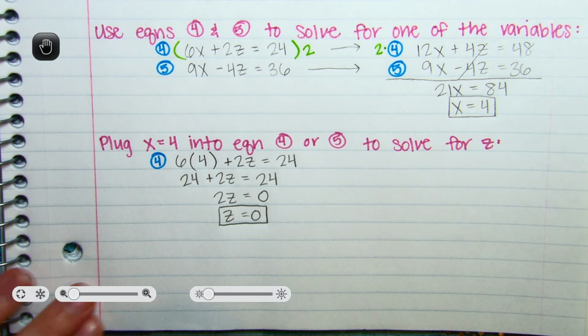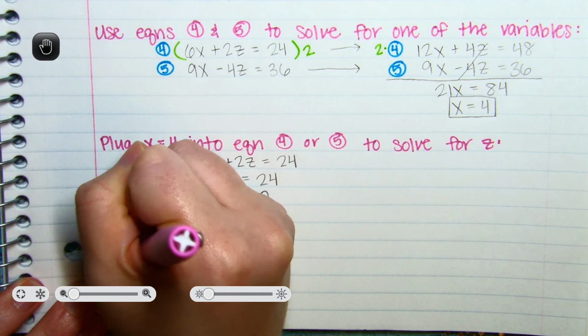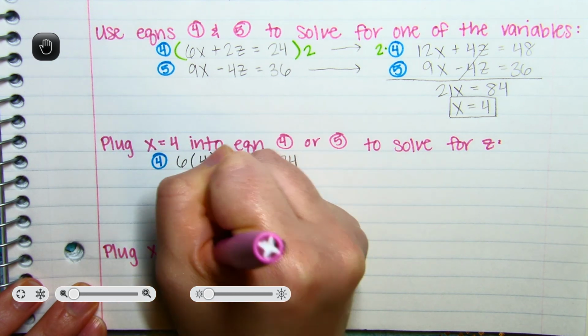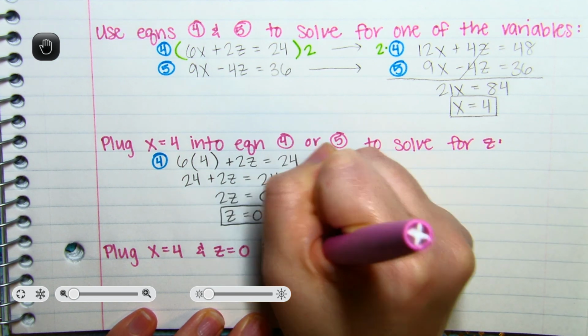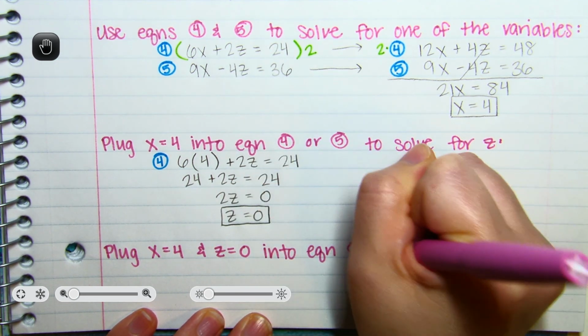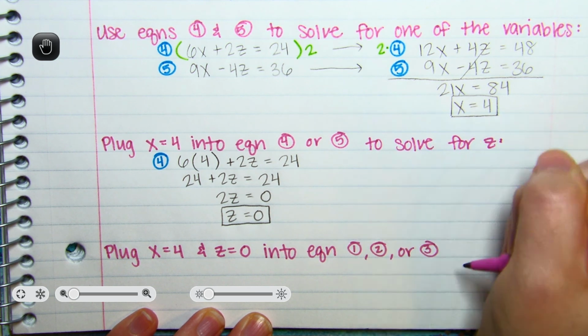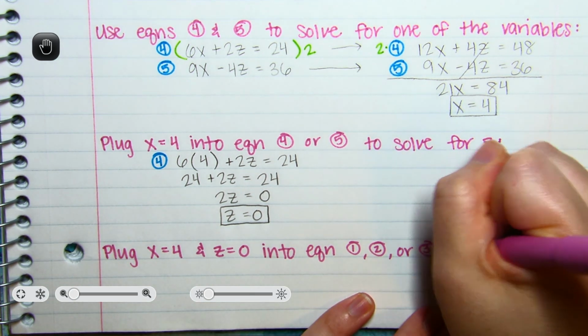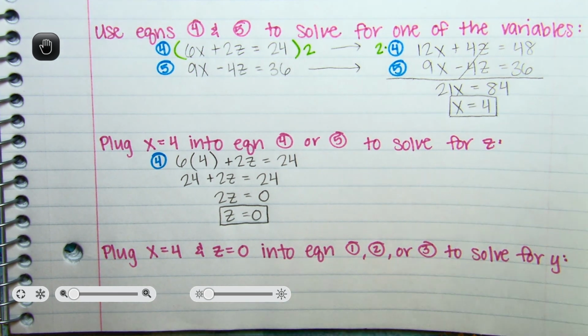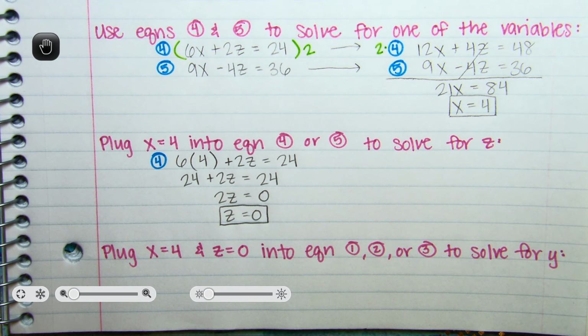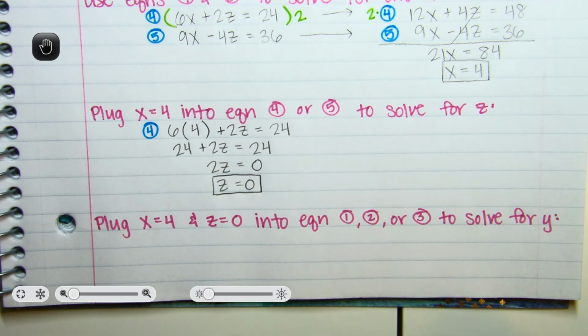So my final step is to plug x equals 4 and z equals 0 into equation 1, 2, or 3 to solve for y. Doesn't matter which one, you can pick. They all have their advantages for plugging in your values.